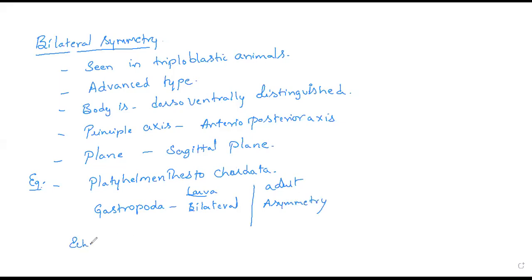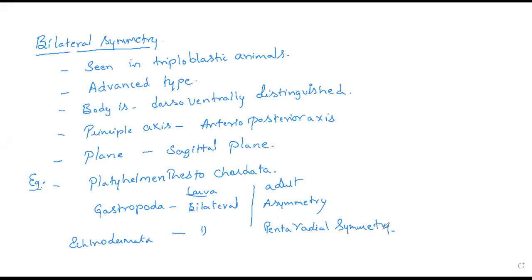Similarly, Echinodermata: the larva exhibits bilateral symmetry, the adult exhibits pentaradial symmetry. So in adults the symmetry is changing. The larva exhibits bilateral symmetry, but adults exhibit pentaradial symmetry. So that is also very, very important.